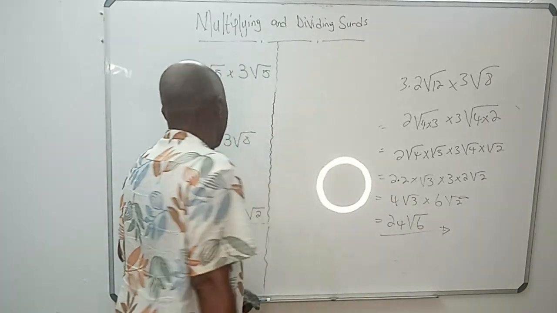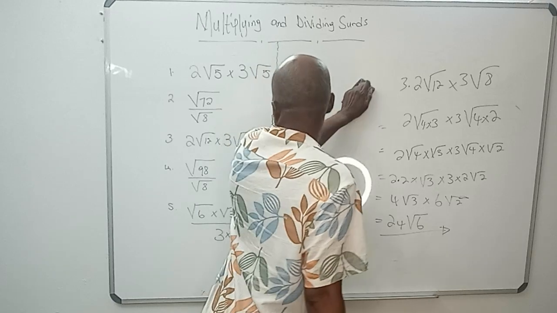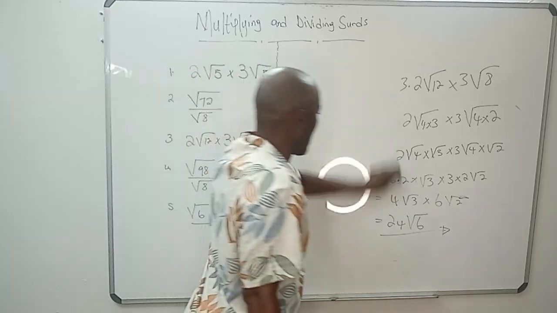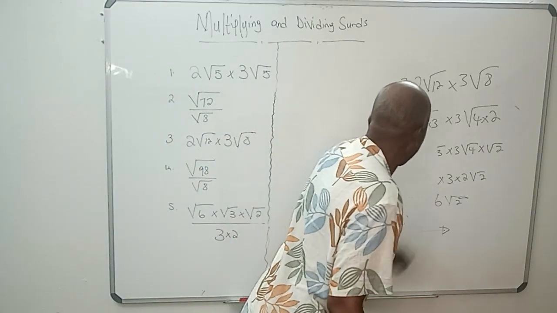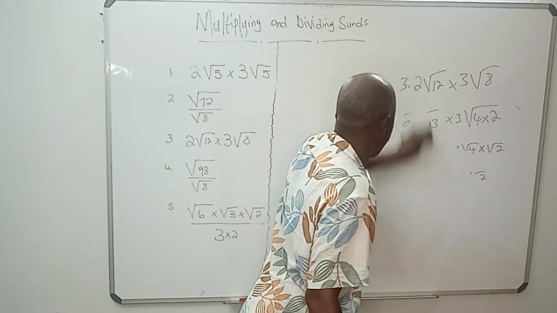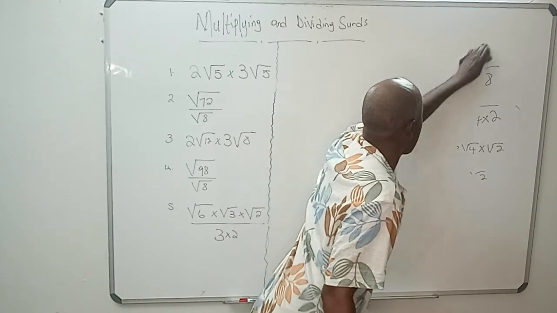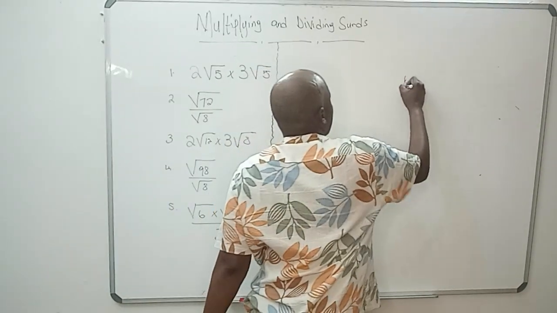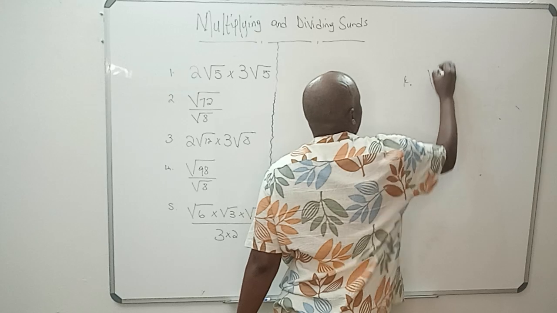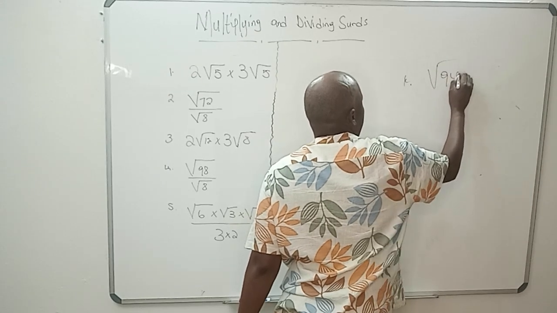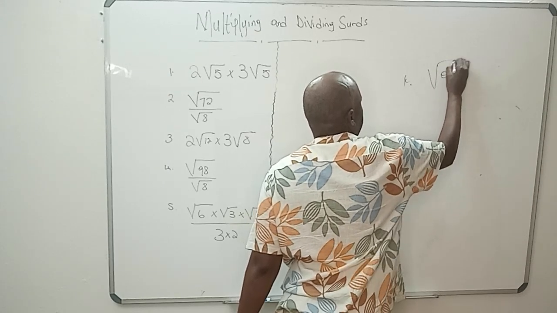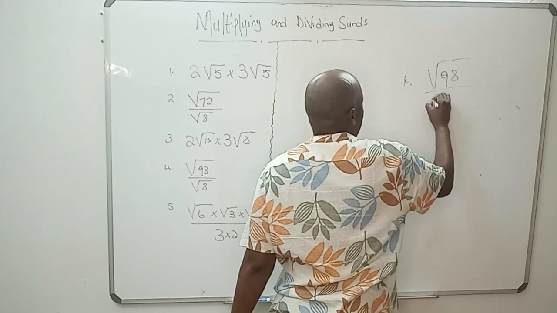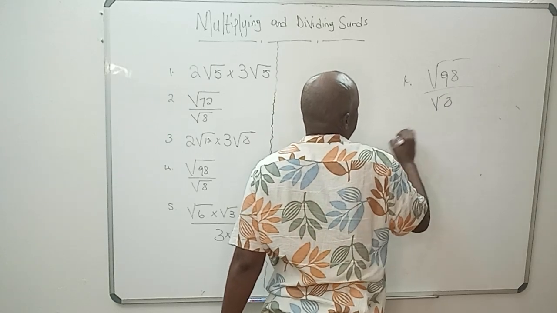Okay? Now we go to number 4. Number 4 says the square root of 98 divided by the square root of 8.